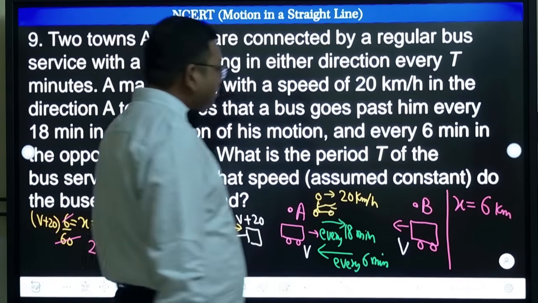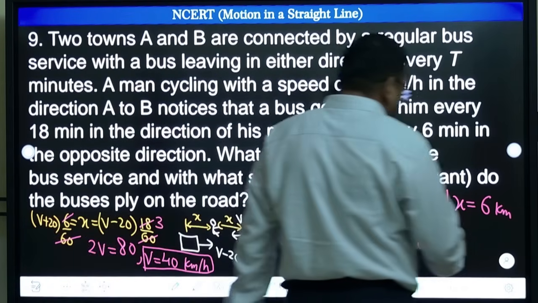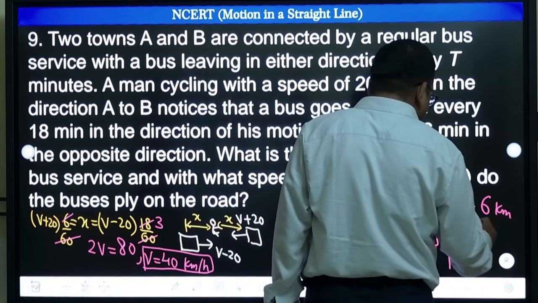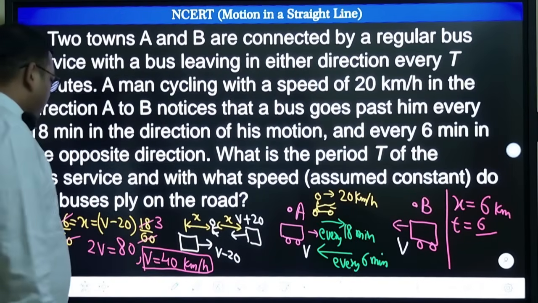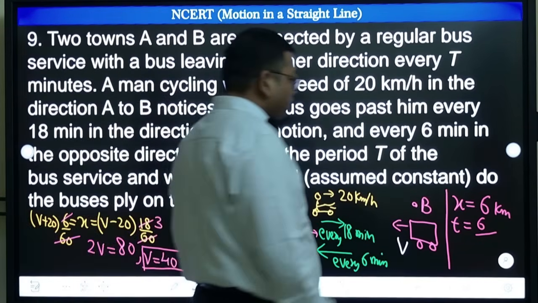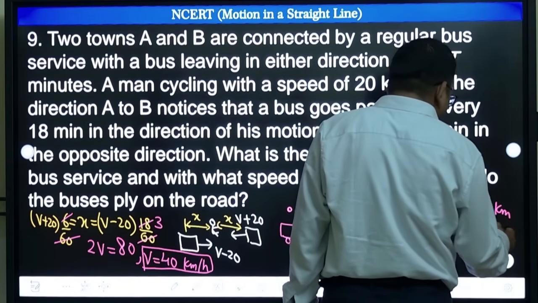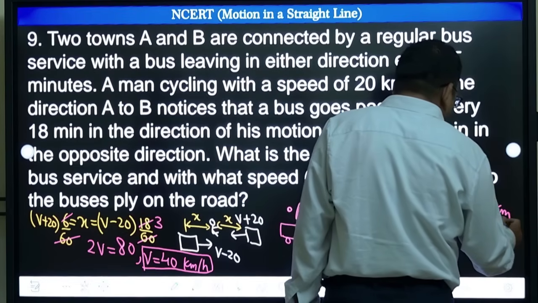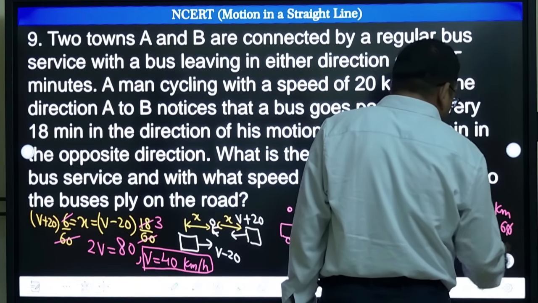So can we calculate how much actual time it will be? That time you calculate as distance 6 by speed. Speed was 40 kilometer per hour. So 6 by 40 is in hours. If you want it in minutes, you have to multiply with 60. So now you check how much.